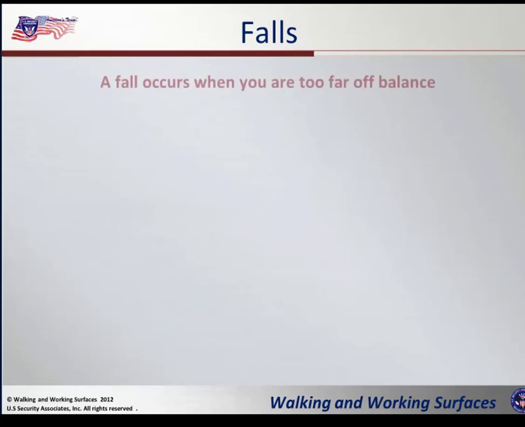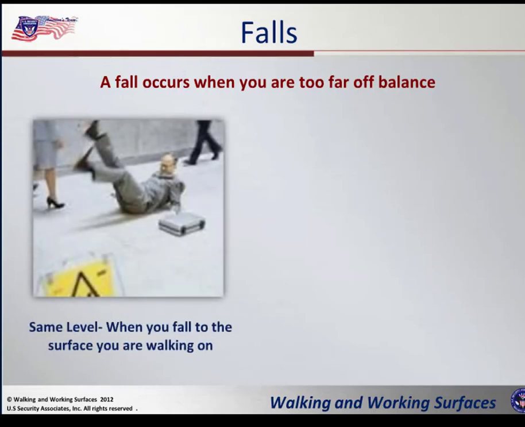Okay, now let's look at falls. A fall occurs when you are too far off balance. There are two different ways that we consider falls. One is from the same level, when you fall to the surface you are walking on.